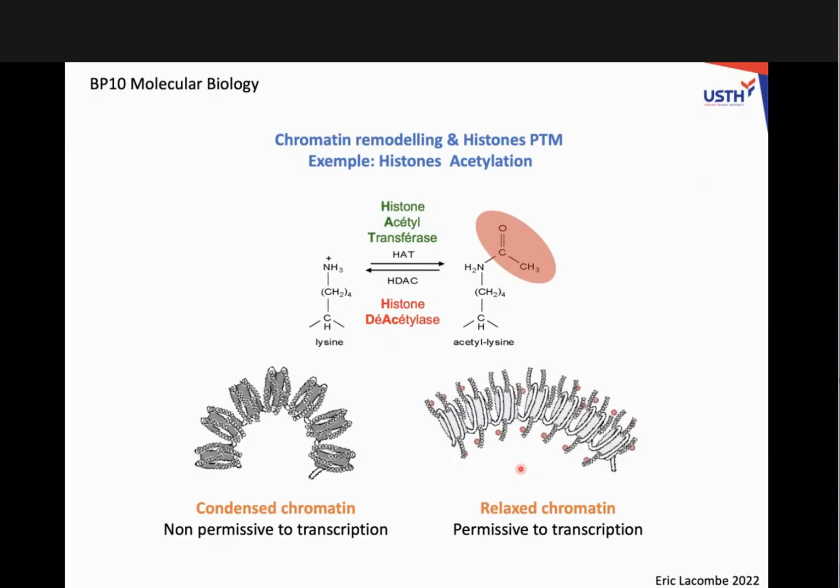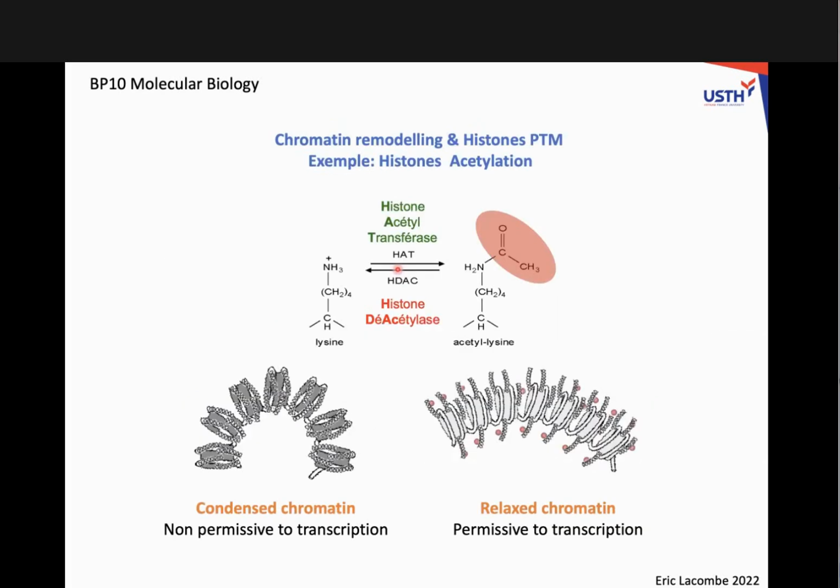This is what we talked about before, accessible to the RNA polymerase II and the transcription factors. And this is governed by the compaction state of the chromatin. And the compaction state of the chromatin is regulated by different enzyme activities such as histone acetyltransferase. Okay, so it's an important point in terms of gene regulation as well. We're going to see that in detail in the next lecture.